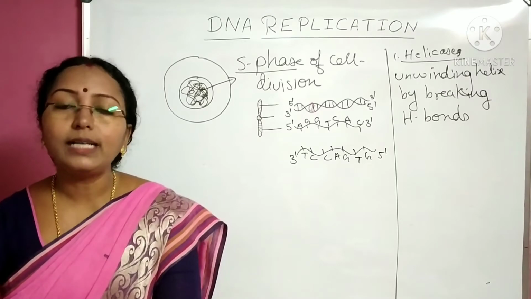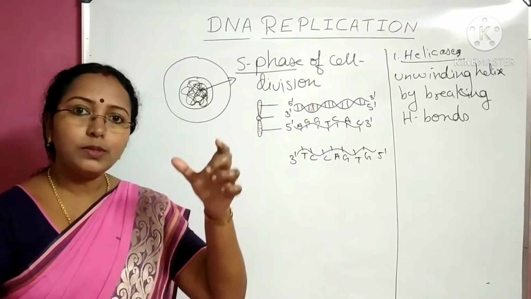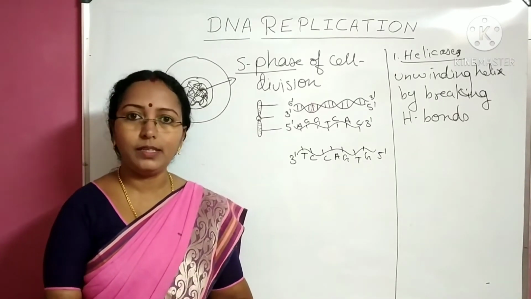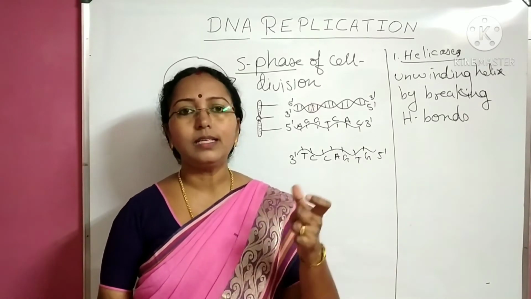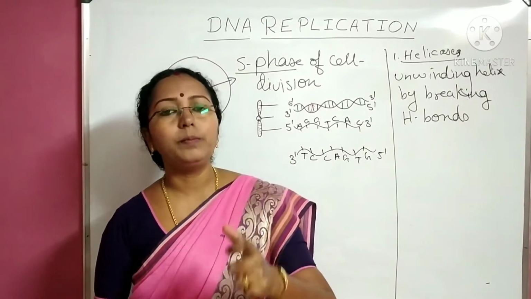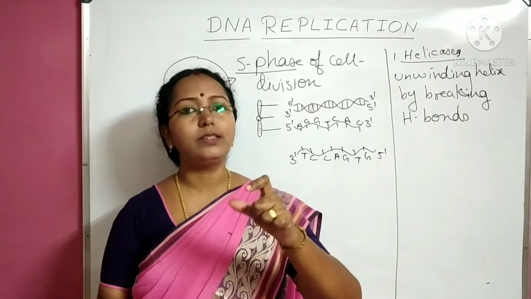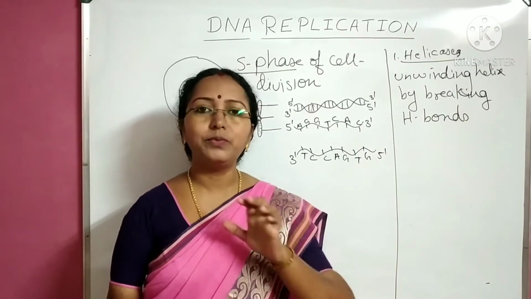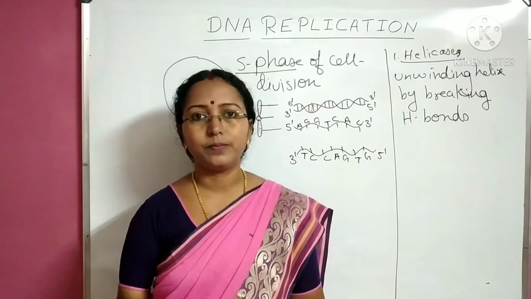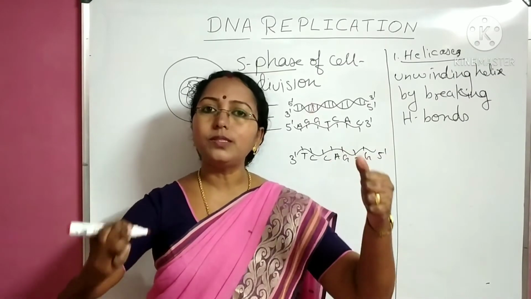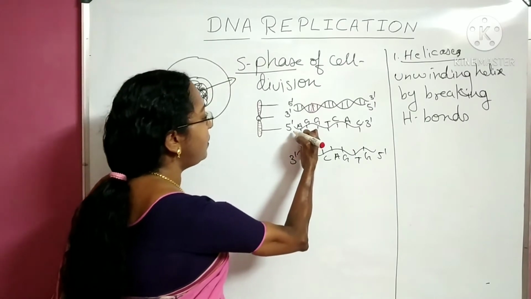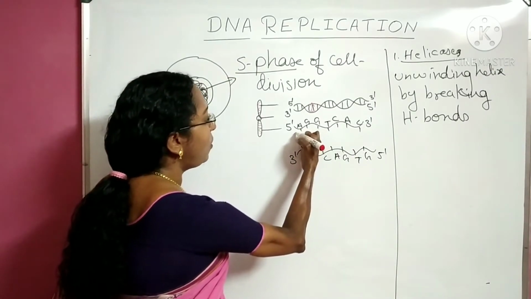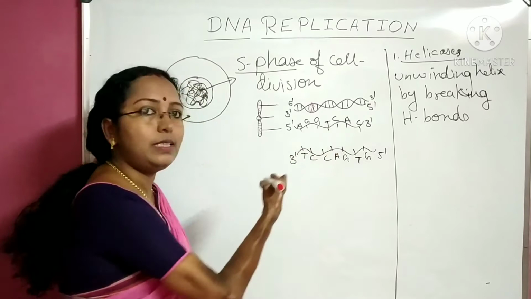Now when Watson and Crick proposed the double helical structure of DNA, at that time itself they had predicted that DNA replication will be based on the complementarity of the two strands. And that was very, very true also. Now when these two strands are getting separated, new DNA strands will be formed which will be complementary to the existing strand.